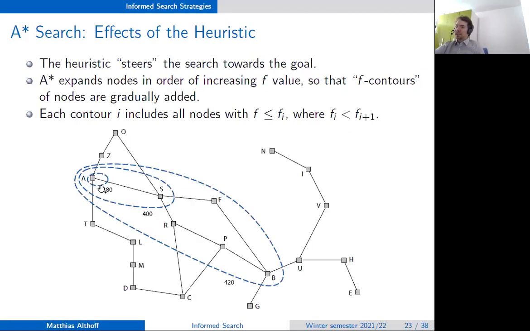So this is what you see here. We started with 380, then we had a 400 contour and then a 420 contour. And you see how these contours expand naturally in the direction of the goal. Also you see that we don't expand many other nodes because they're outside these contours, which we then call pruning the search tree, because we know that we will never have to expand other nodes.